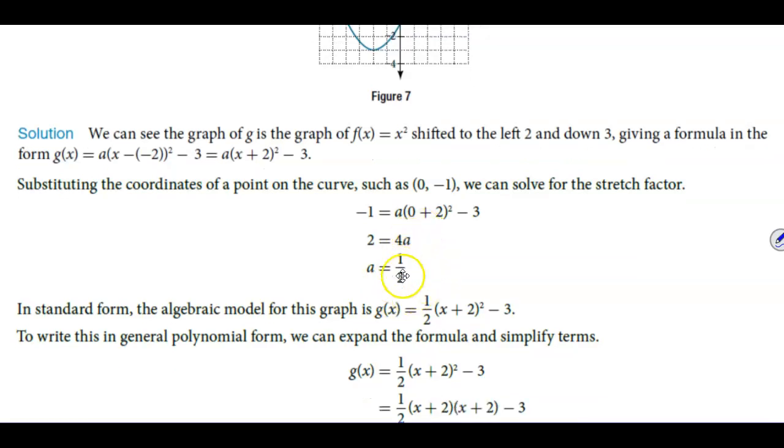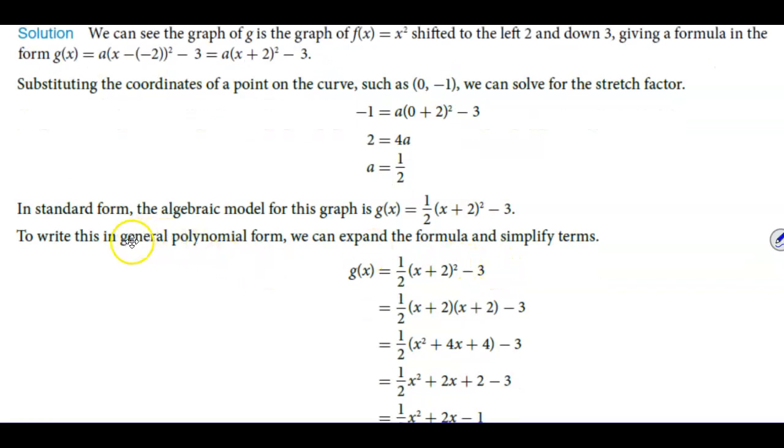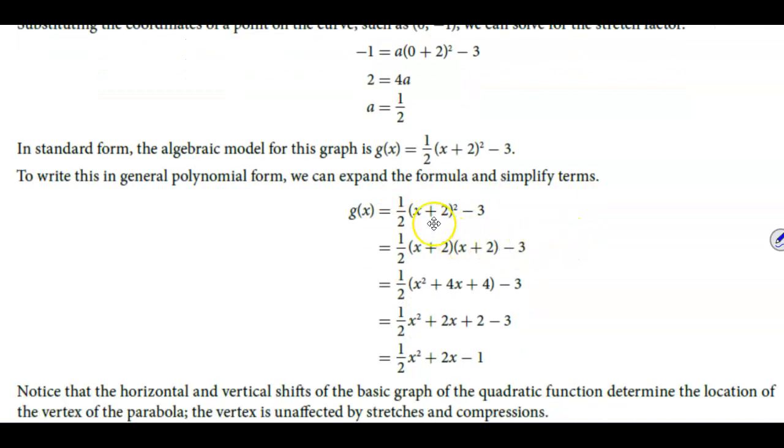And now we can plug all this information back into the standard form. So the algebraic model for this graph is g(x) = 1/2(x + 2)² − 3. And then to write this in general form, we expand the formula and simplify the terms. So (x + 2)² becomes (x + 2)(x + 2).